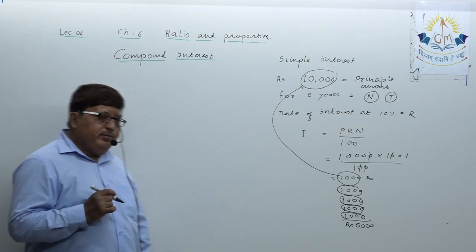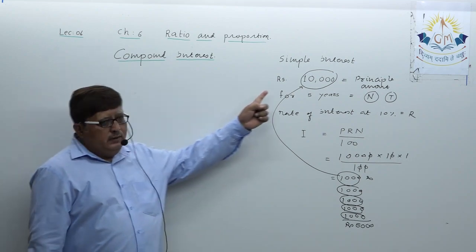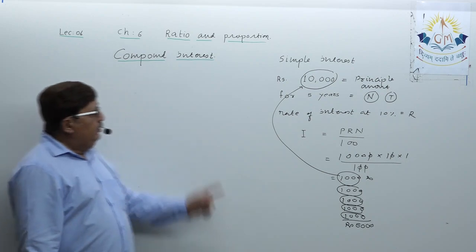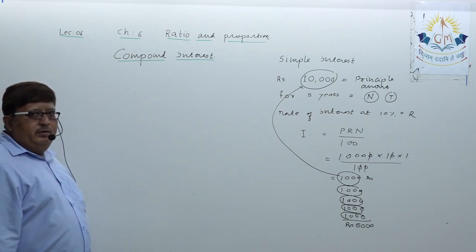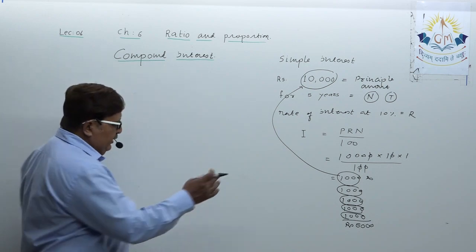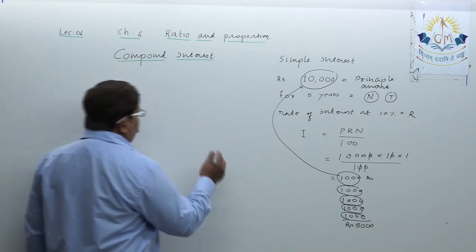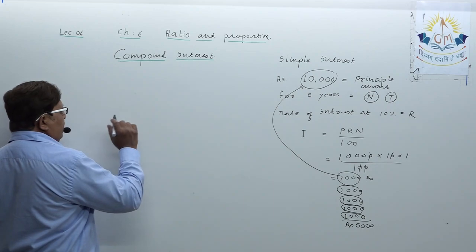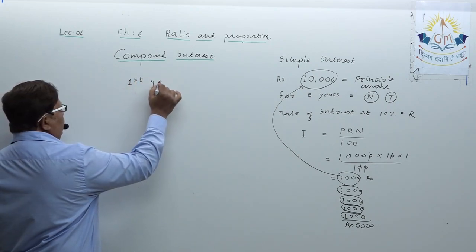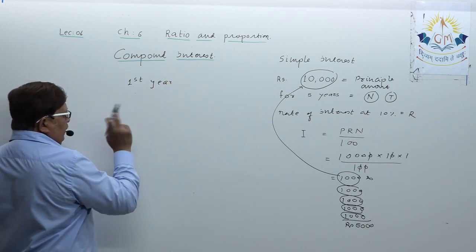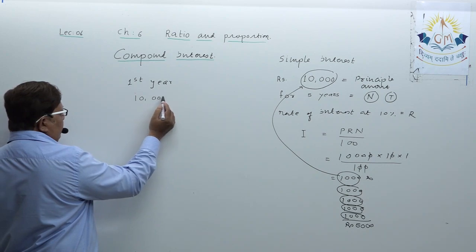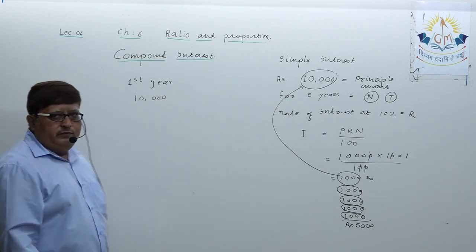Understand? Suppose dear student, you borrowed the same amount on compound interest. So what happens? For the first year, I just want to show you the difference. For the first year, your interest is counted on 10,000. Okay. This is for the first year.